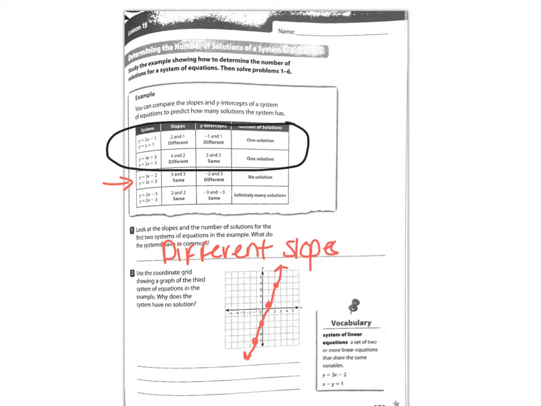The second line is 3x plus 3. So that starts at +3 and is going up 3 over 1, and it could also go back 3.